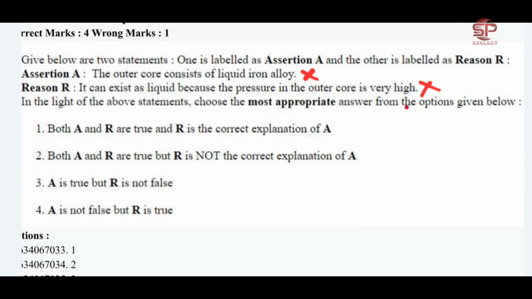The core is a solid component because it has greater pressure. So the high pressure condition indicates a solid condition. So both the options are incorrect, and there is no correct option given here. Remember, both options are incorrect.